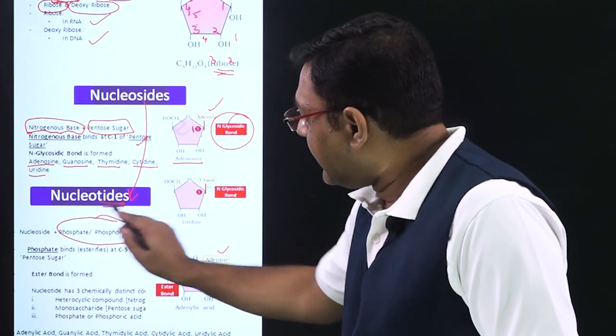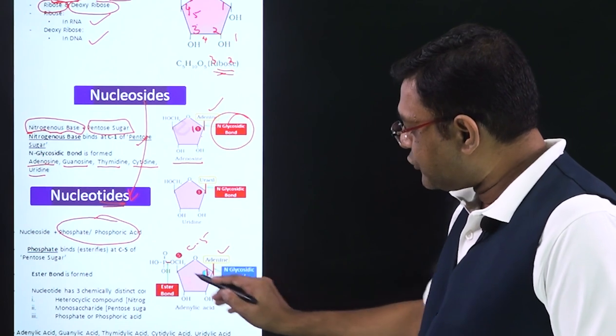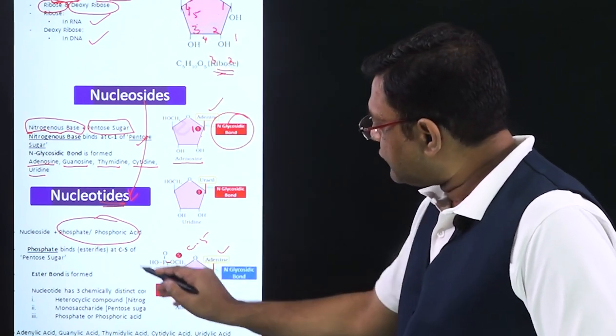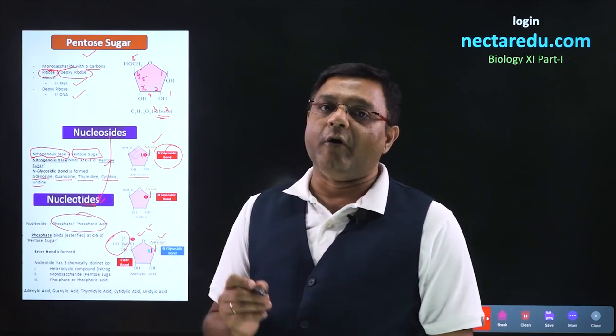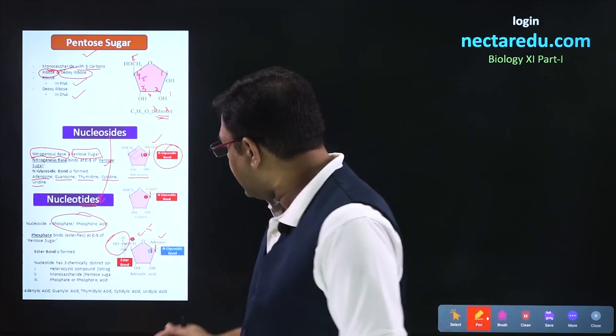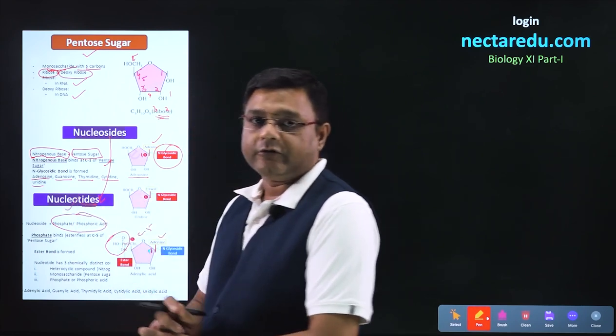Now the phosphoric acid will join at carbon 5. So here the phosphate group will be joined, and the bond formed will be an ester bond, and this structure will be called a nucleotide.